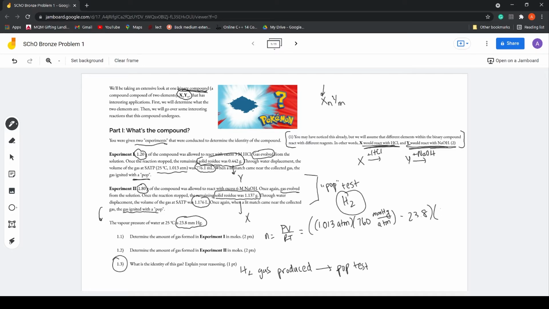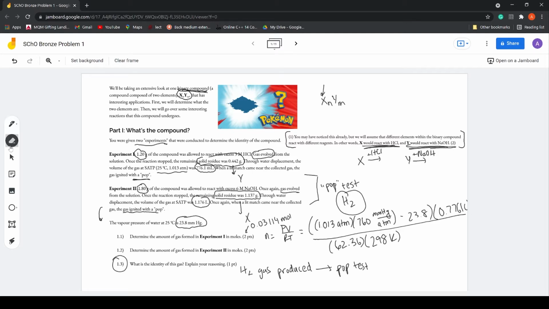Our volume is 0.7761 liters, all divided by R, which for millimeters of mercury is 62.36, times our temperature, 25 degrees Celsius, which is 298 Kelvin. Okay, so now we just plug this all into a calculator, and we should get that the amount of gas formed is around 0.03114 moles. So that was just the ideal gas law.